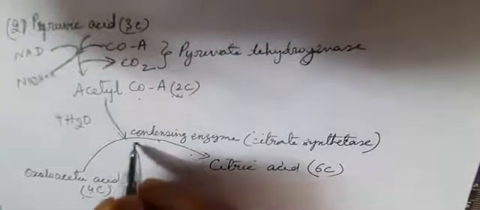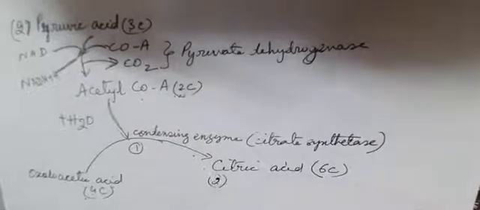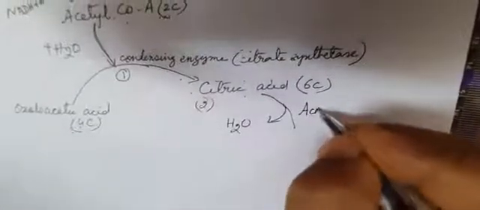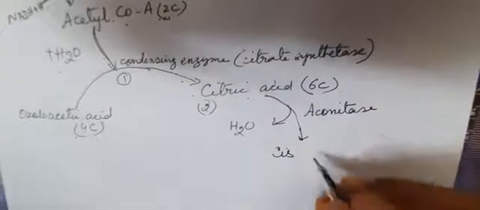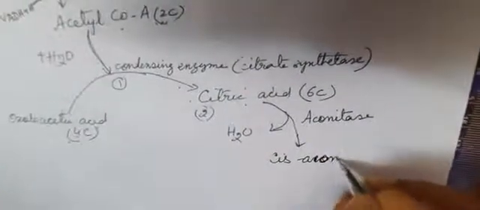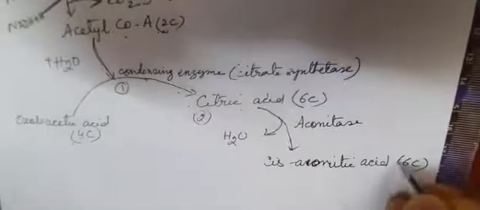So first reaction we can say this one, second reaction we can say this one, then next there will be the removal of a water molecule in the presence of the enzyme aconitase, and it will form cis aconitic acid. This is also a 6 carbon compound.